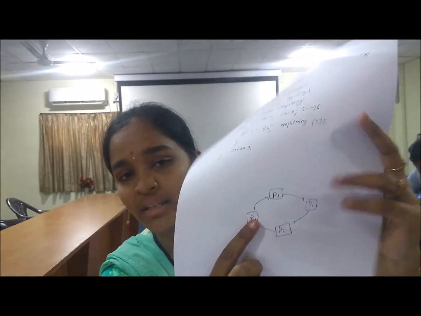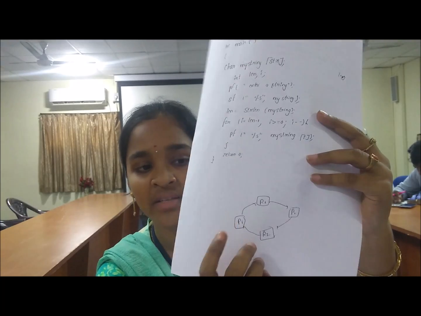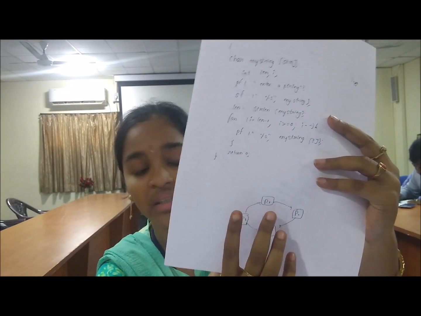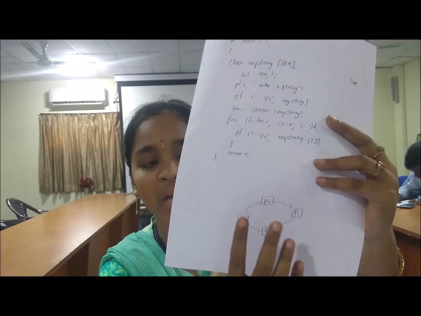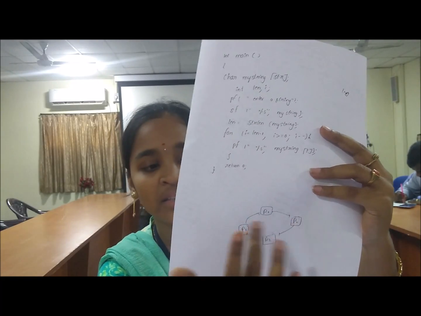So just want to check on OS. You know OS, right? Yes, sir. Okay. What is deadlock? This is my example, sir. I consider P1 and P2, two processes. P1 holds R2 resource and waits for R1 resource.